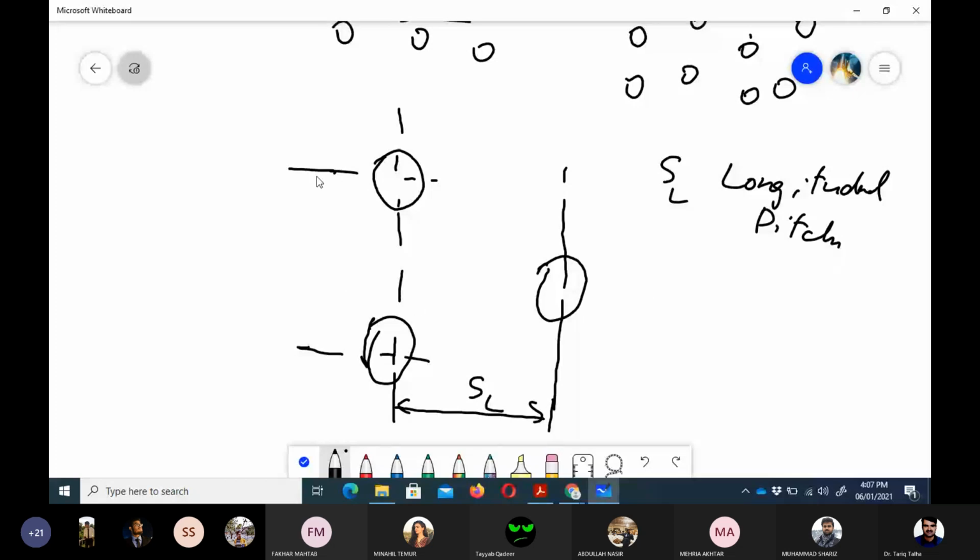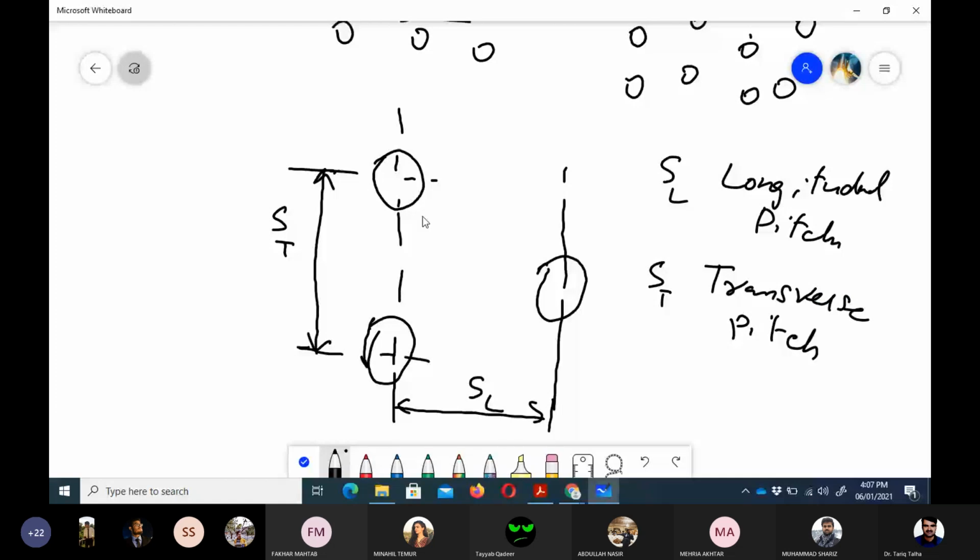And then we have got ST, which is the transverse pitch. And then the other one is this, which is called SD, the diagonal pitch.